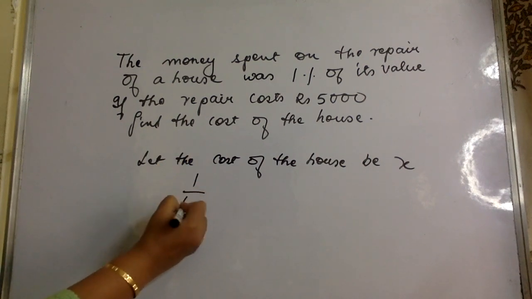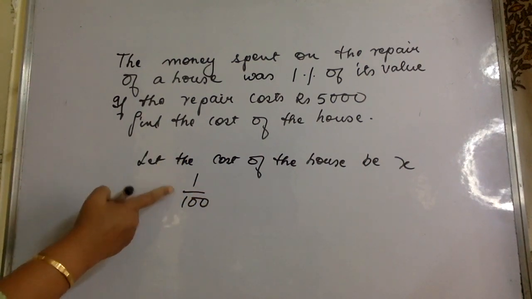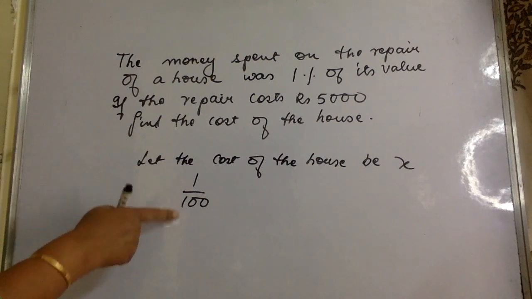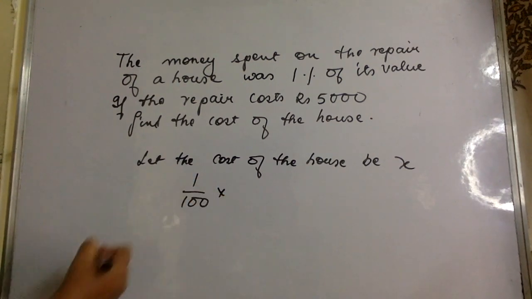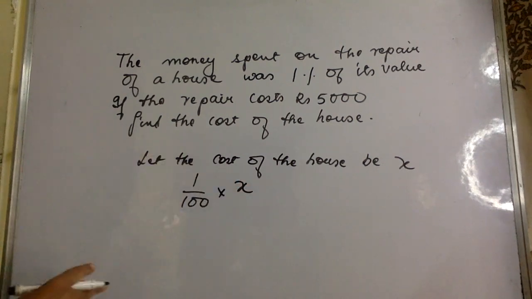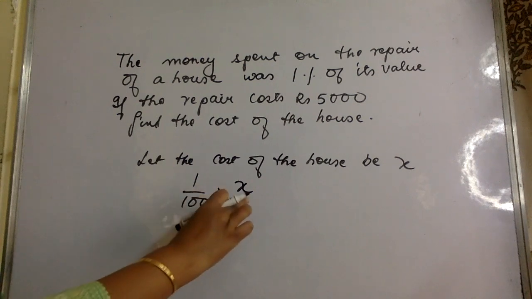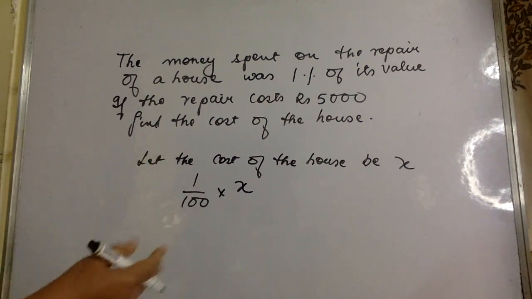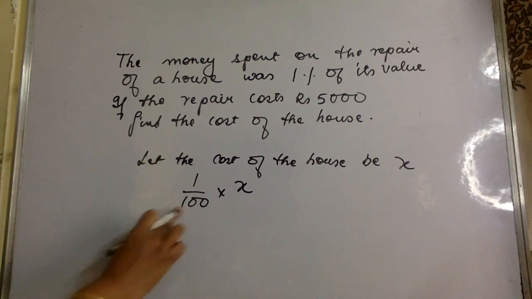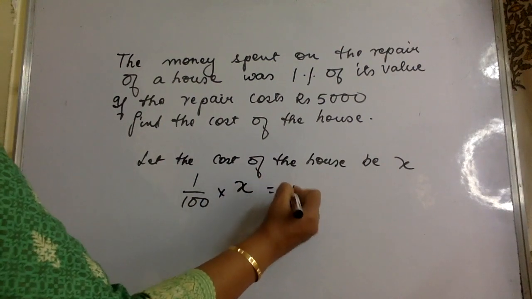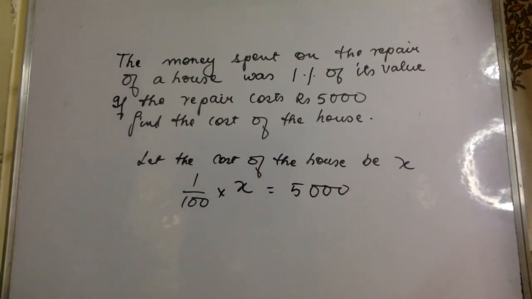So 1%, see 1%. Now any percentage I have converted to fraction. Okay, of is into, okay, of its value. X is the cost, total cost. So 1% of the total cost. So you write it as you say. So 1% of the total cost is the cost of repairs, which is 5,000.